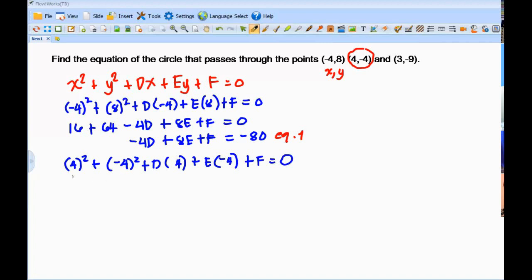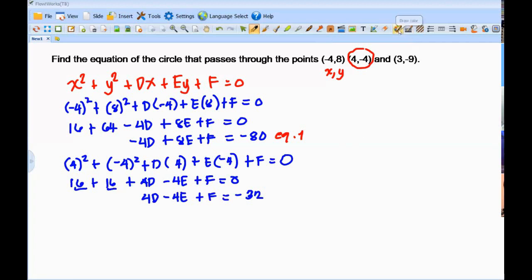This is 16 plus 16 plus 4d minus 4e plus f is equal to 0. So 4d minus 4e plus f is equal to -32, because 16 plus 16 is 32, and when we transpose it, it becomes negative 32. So this is our equation 2.